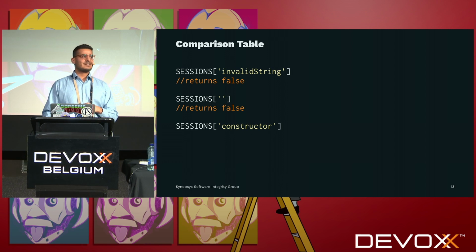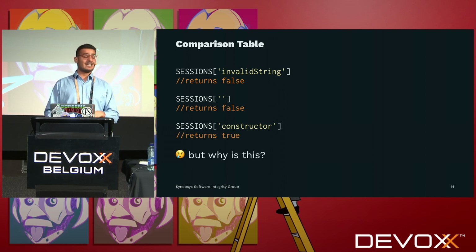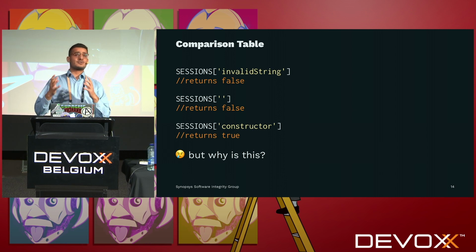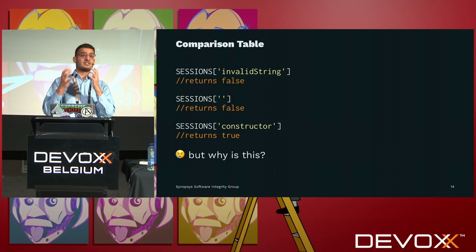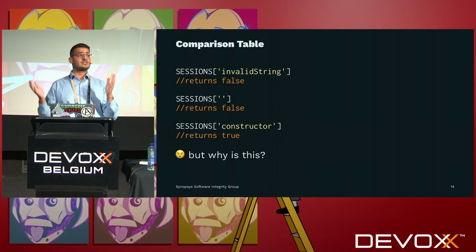Does anybody want to tell me why that might be? Okay, built-in JS. Yep. Thank you, JavaScript. It returns true. So without actually knowing what the secret session might be, you can literally set your cookie to the string constructor, and thanks to JavaScript, you're authenticated.